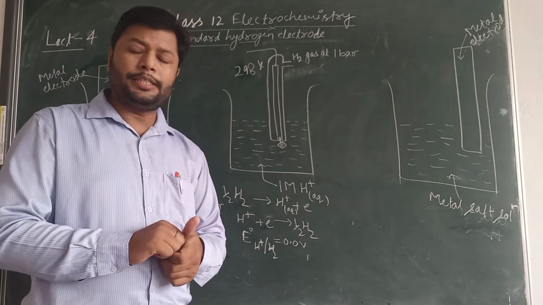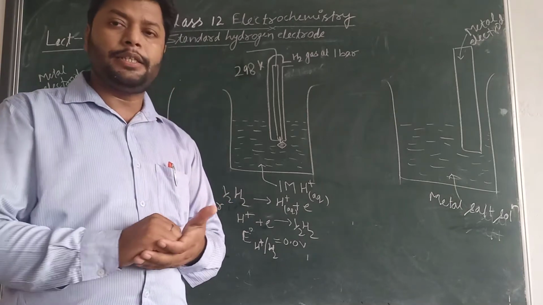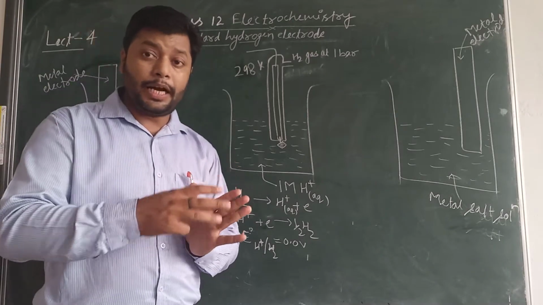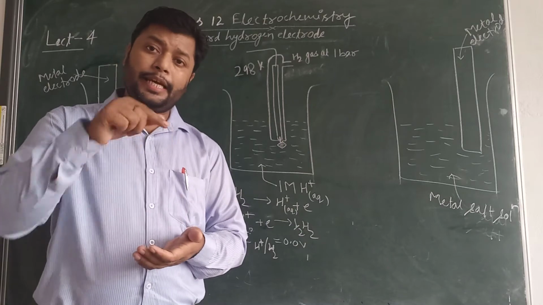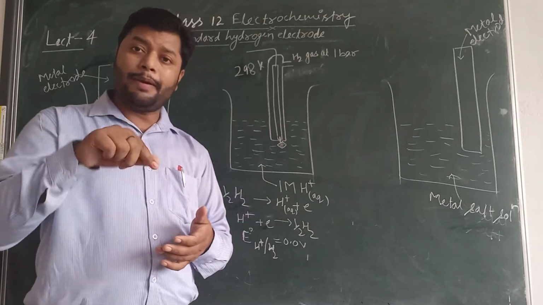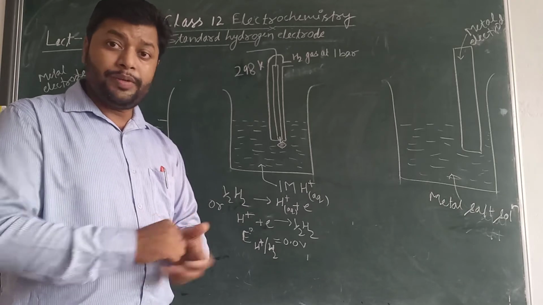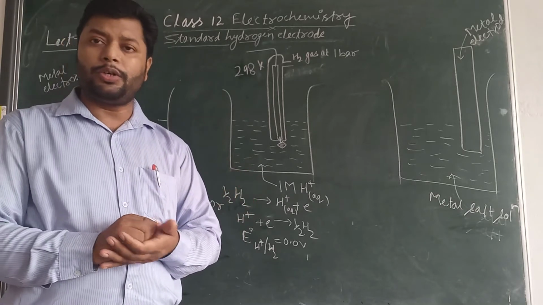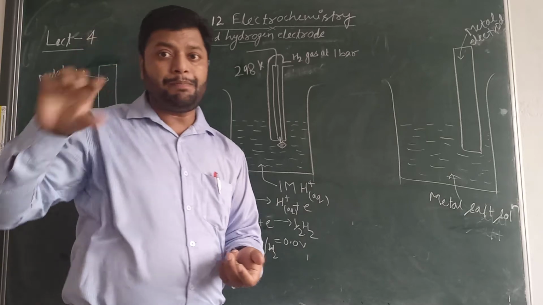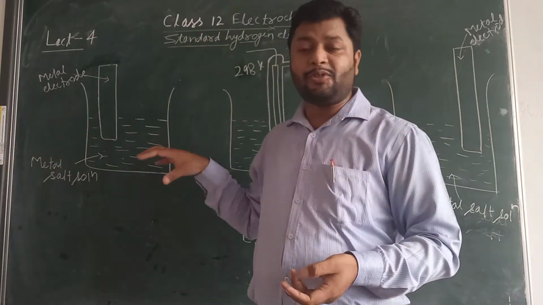Now the question is how we are going to calculate the electrode potential of other metals in their salt solution, or non-metals in their salt solution or acid solution, with the help of the standard hydrogen electrode. For that we have some pictorial description of the same topic.